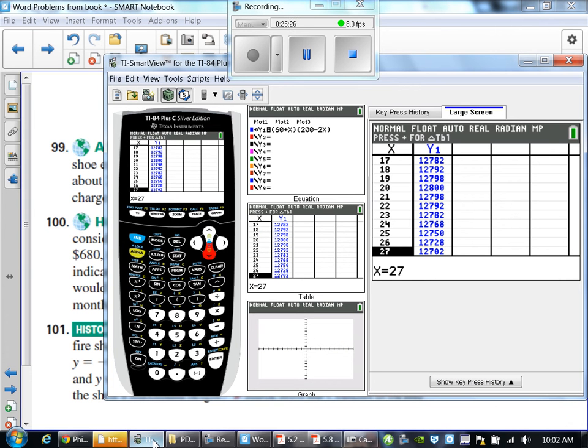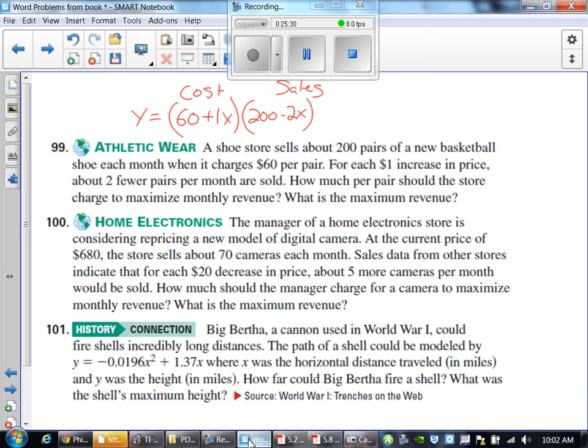We knew that was at 20 and then 12,800. So if x equals 20, then the y value was 12,800. Okay. So how much per pair should you charge if the x value is 20? $80, exactly. Perfect.